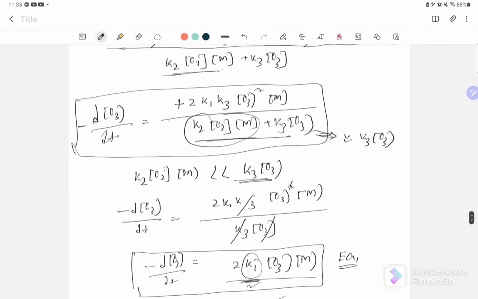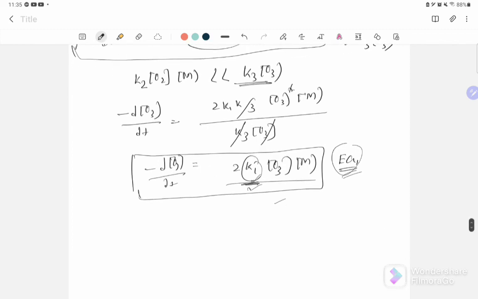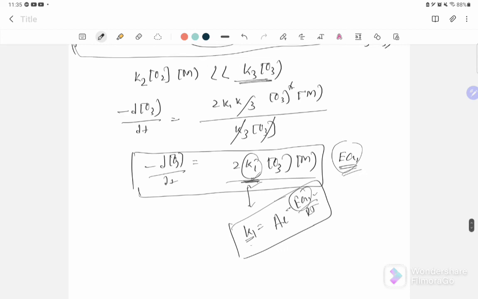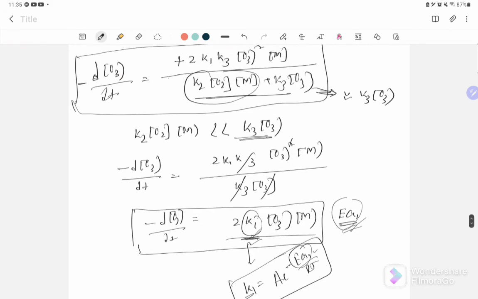Why? Because it only depends on the rate constant K1. K1 is A e to the power minus EA1 by RT from the Arrhenius equation. So our activation energy will be EA1.